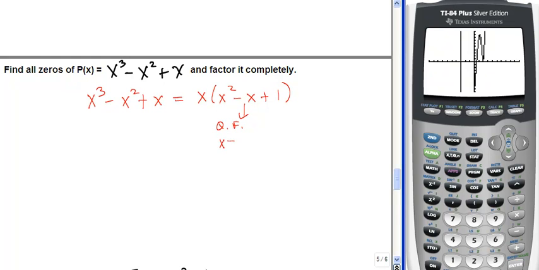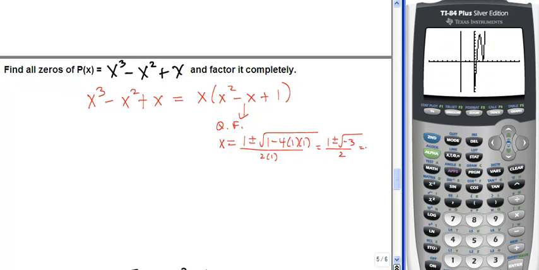So that would be x equals minus b, which becomes plus 1, plus or minus square root of b squared, negative 1 squared is 1, minus 4 times a times c, all over 2 times a. So that's going to give me 1 plus or minus square root of 1 minus 4, which is negative 3.